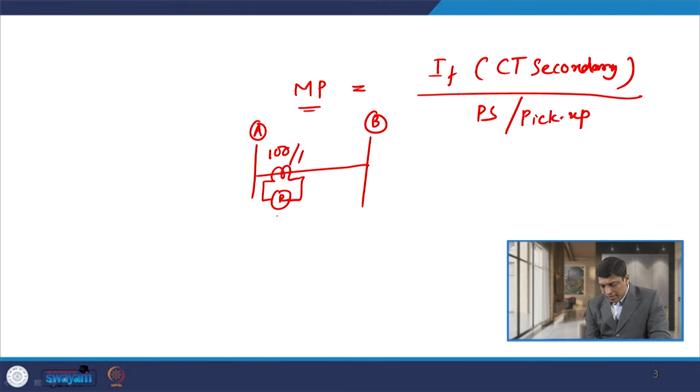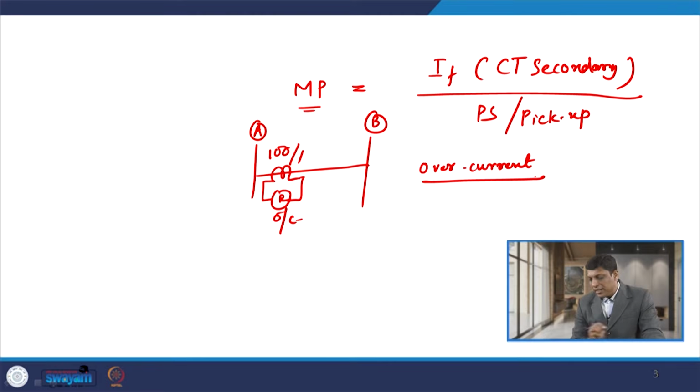Say, an overcurrent relay. Normally in the actual field, the relay name is not written completely. So, I am not going to write the relay name as overcurrent relay. Instead of that, they denote the relay with a number. The overcurrent relay is given the number 51.